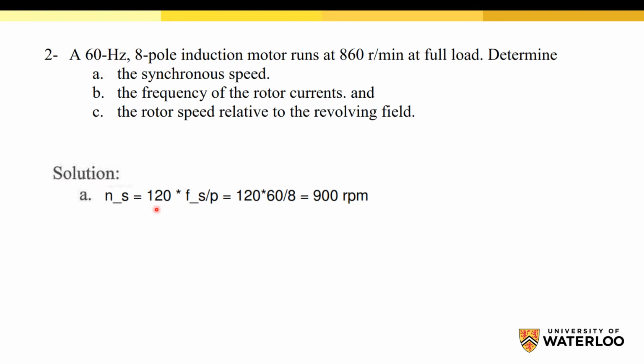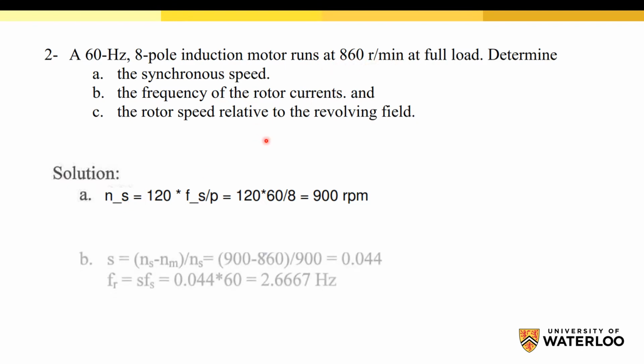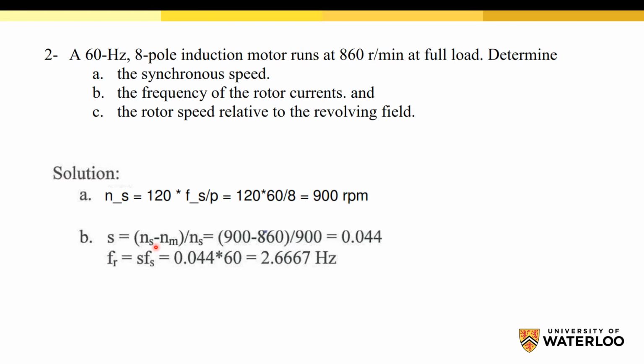Now we know the synchronous speed, we know the motor speed, so we can calculate the slip, which is equal to (ns minus nm) over ns. So we can multiply the slip times the frequency of the stator to calculate the frequency of the rotor currents.